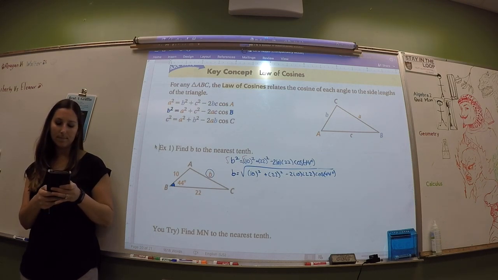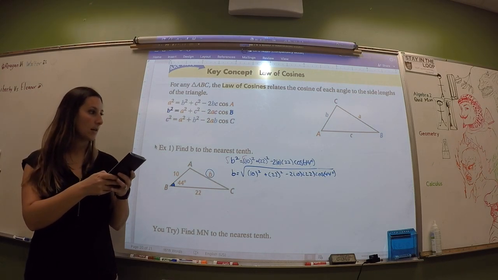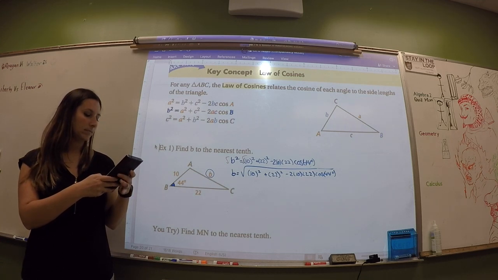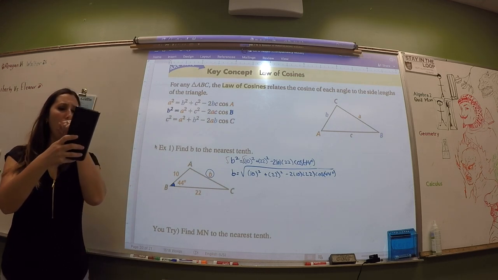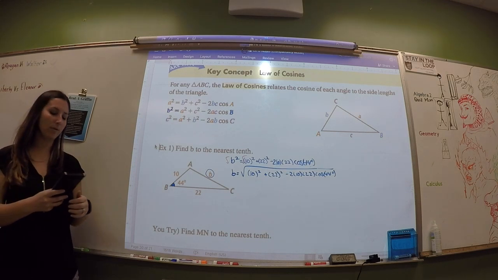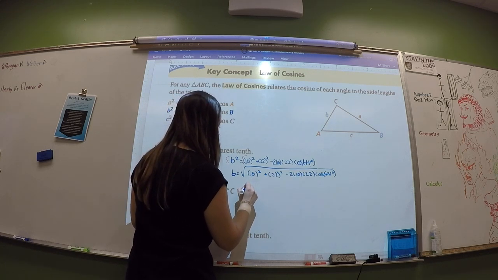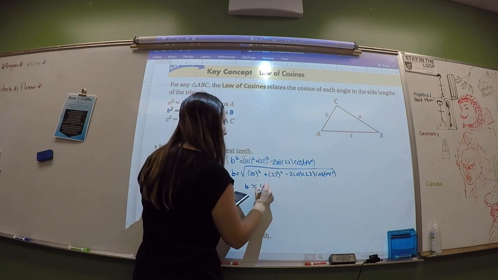Minus, oops, 16.4. Let's see, I got different answers. It's 16.4. Oh, but like doing the first one, I just left the b squared there. I didn't square root both sides.